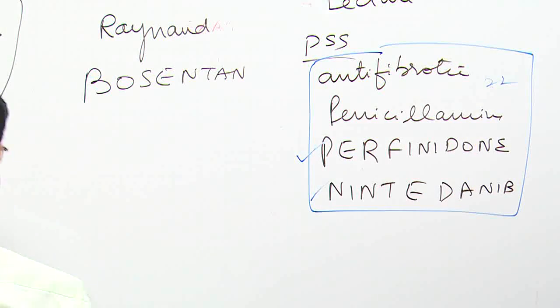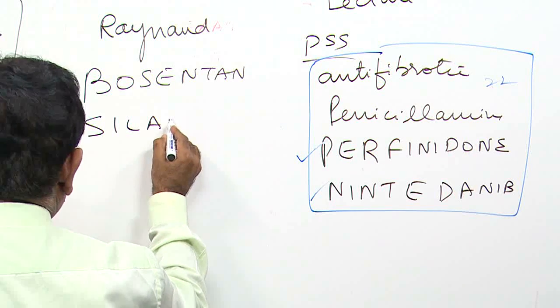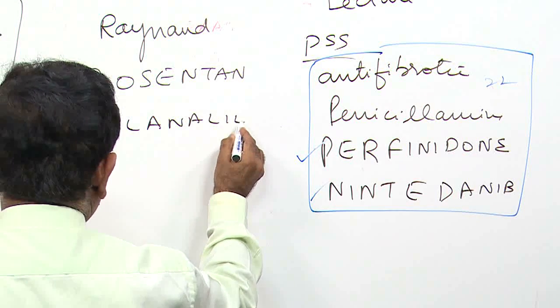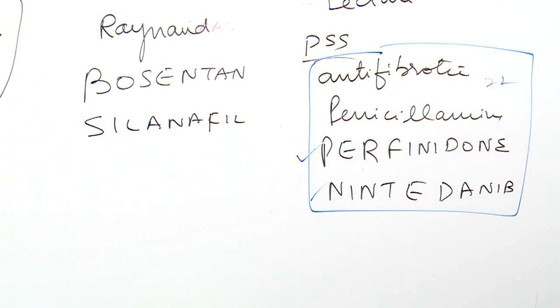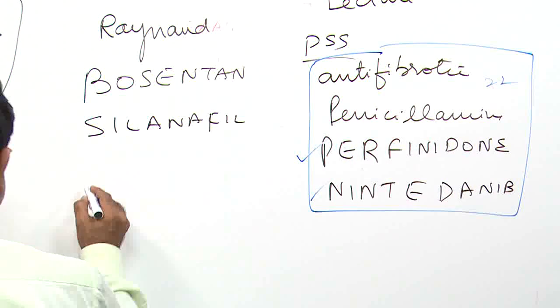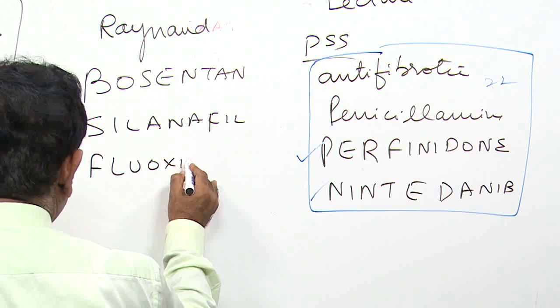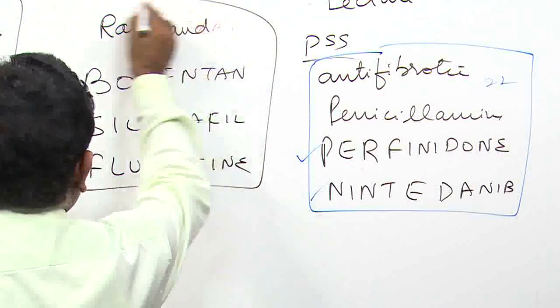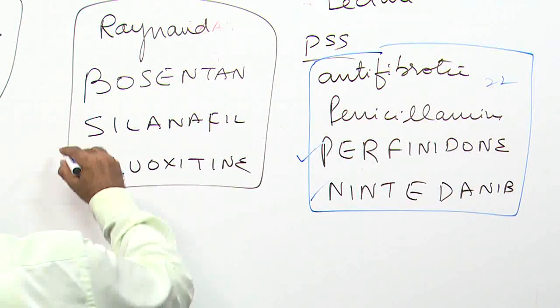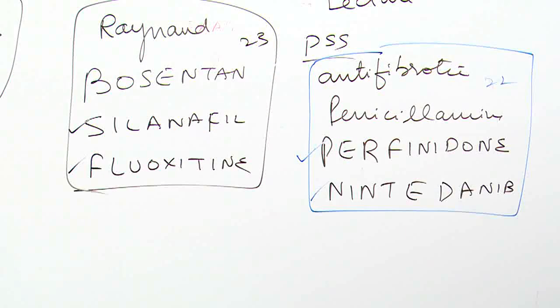Plus, now the new drug is sildenafil. Sildenafil has been approved for Raynaud's phenomena. Even fluoxetine has been approved for Raynaud's. They are the 19th edition update for Raynaud's phenomena.